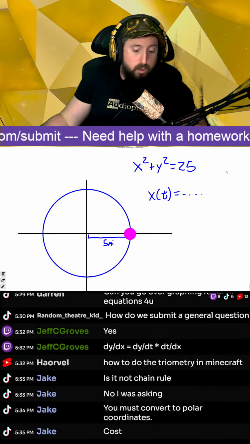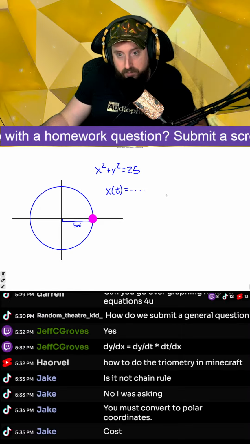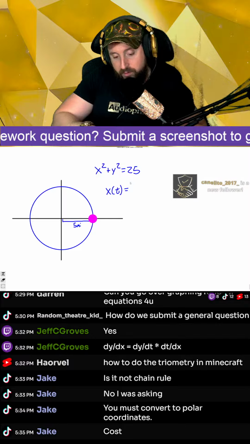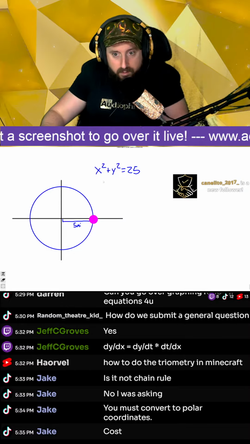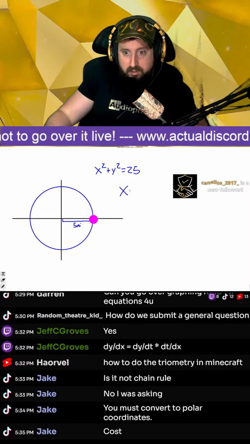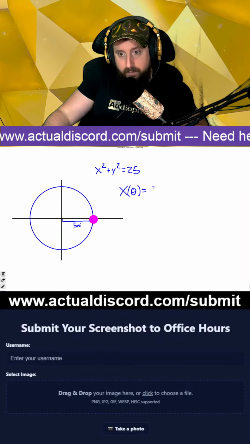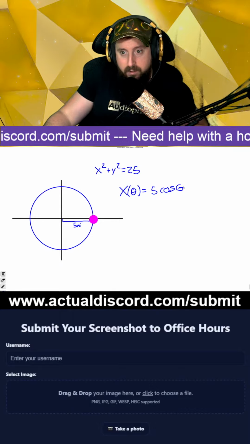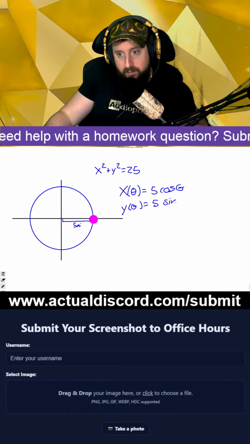Yeah, so polar coordinates is a simple example of a parameterization, a parametric function. We learn with polar coordinates that the best way to describe where something is in the x terms can be in terms of an angle, right? And that x is equal to, in this case, 5 cosine theta, and then y of theta is equal to 5 sine theta, okay?